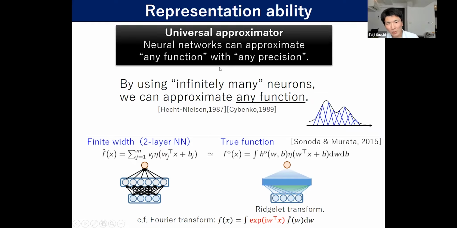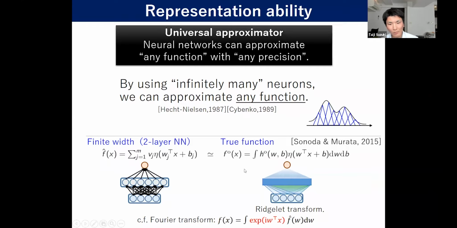By using infinitely many neurons, we can approximate any function. If you have many neurons, the neural network can approximate any function. Therefore, if you have infinitely many computational resources, you can realize any input-output relations and solve any task by using a deep neural network, if you have sufficiently rich resources.